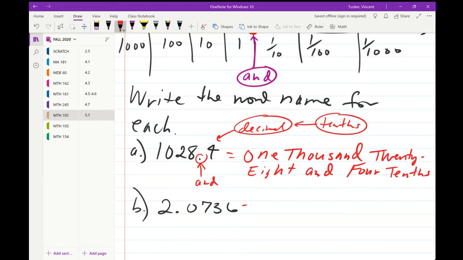All right, next one. 2 and, that's where our decimal comes into play. Now that's 736.